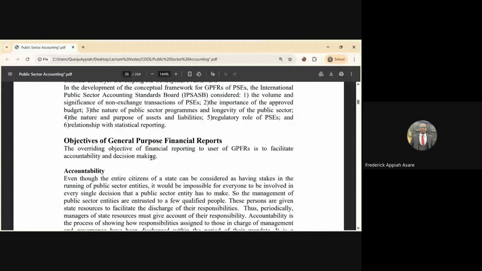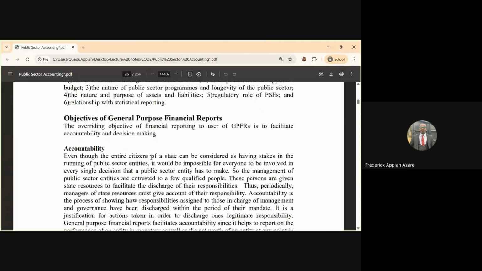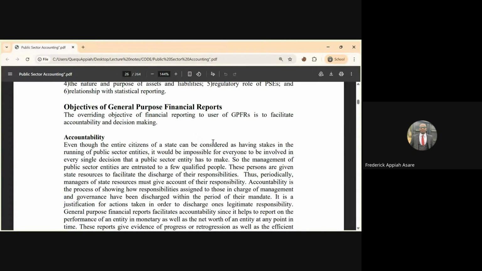That is the main objective of the general purpose financial report.